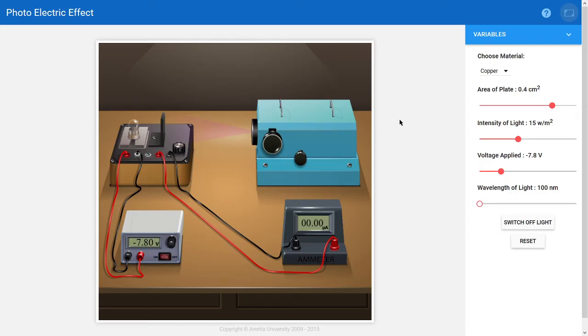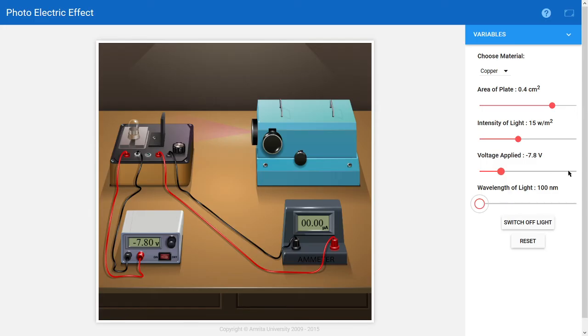So in the one table there will be voltage, another part there will be current. We will start from 0 and slowly increase the negative potential, and we will reach up to this point where the current value is 0. This is for one wavelength, that is 100 nanometer.